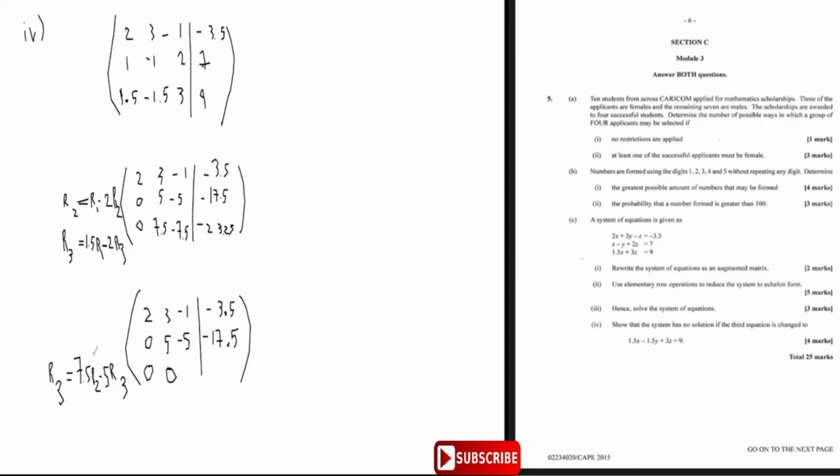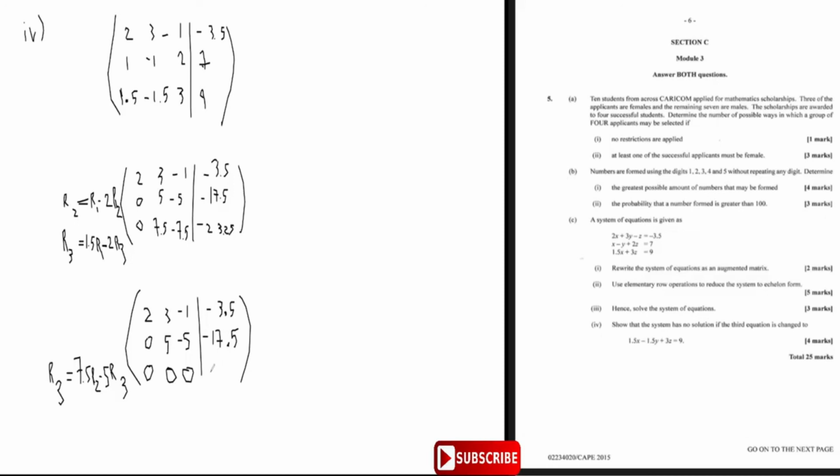Then we're testing this now. 7.5 times row 2, which is minus 5, minus 5 times row 3, which is minus 7.5. That also becomes 0. But then what this is giving us is 7.5 times minus 17.5 minus 5 times minus 23.25.